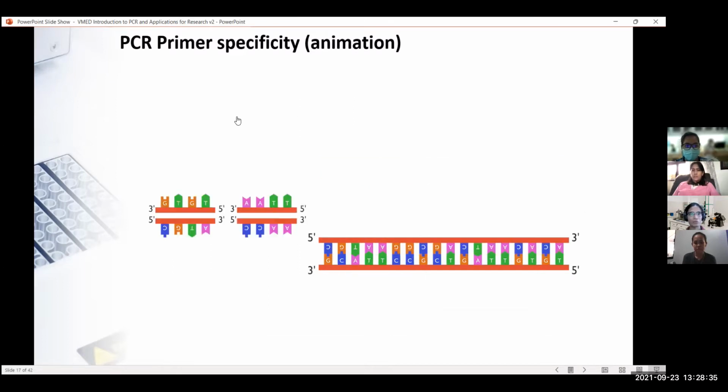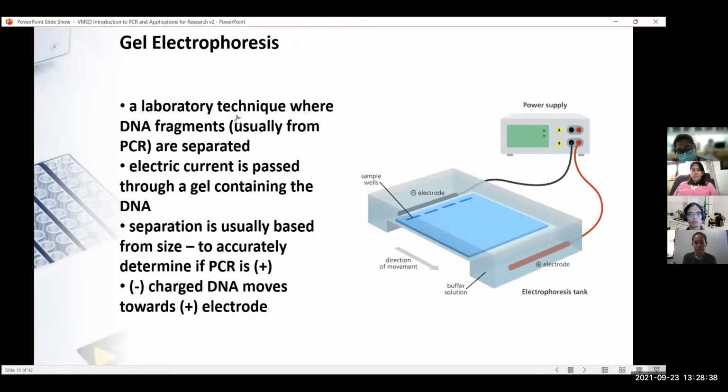Next, after you do your PCR in the thermal cycler, you need to do gel electrophoresis. Because as you can see earlier, the PCR reaction is a mixture of your template and your amplicon. So you need to separate them. It's a laboratory technique where DNA fragments, usually from PCR, are separated.